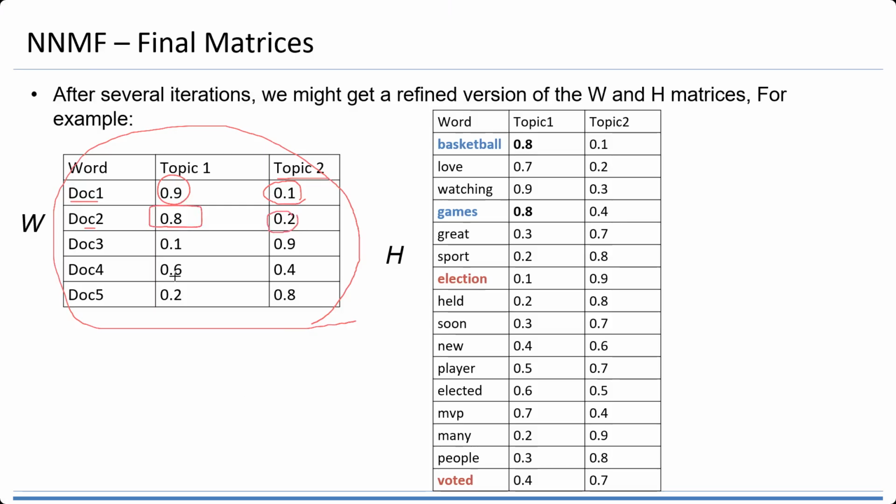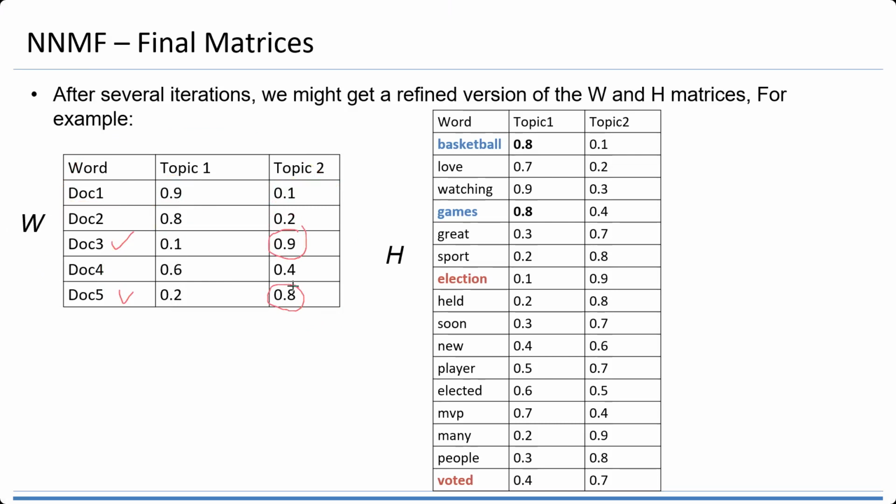So we can say that document 1, document 2, and document 4 are most likely in topic 1, and document 3 and document 5 are most likely in topic 2.